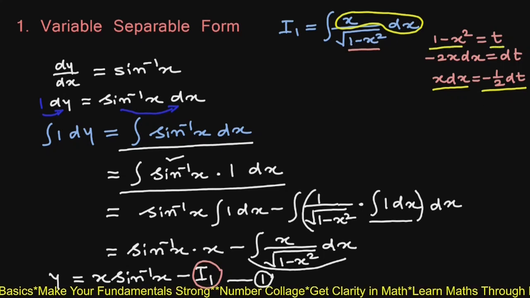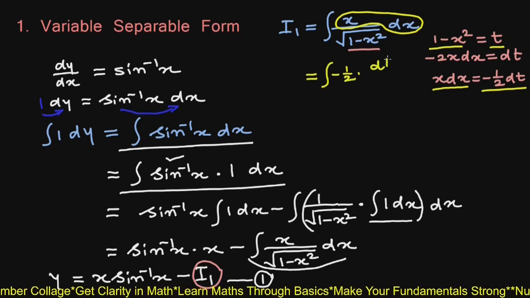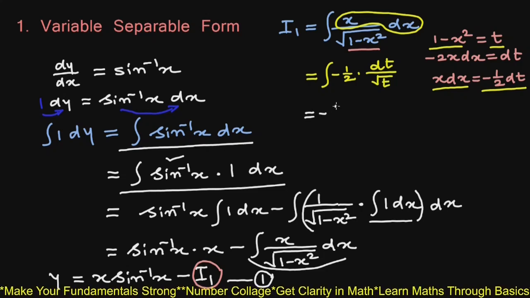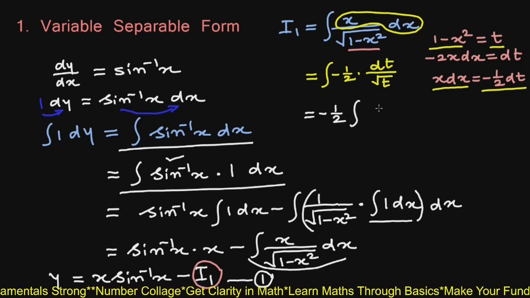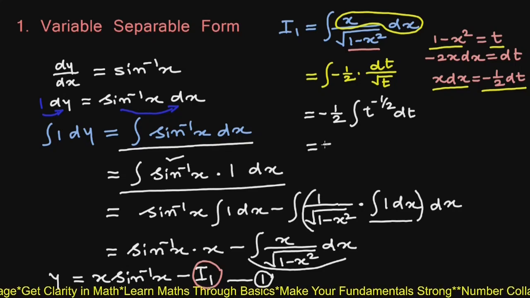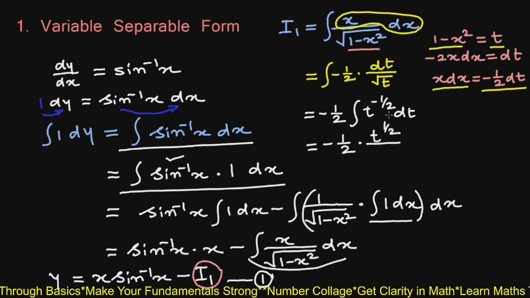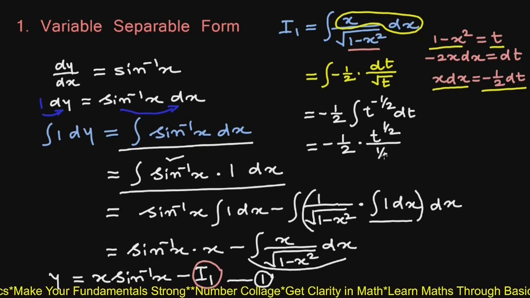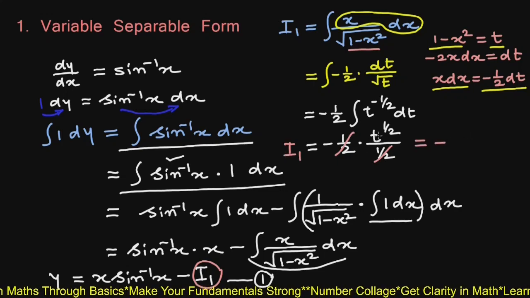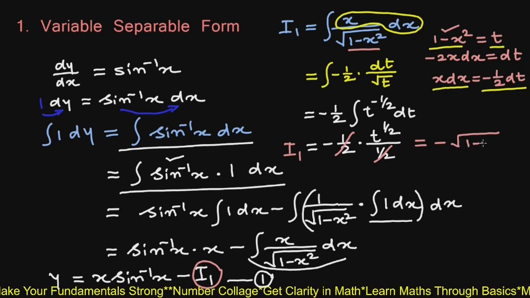So this I1 will be integral minus half into dt upon square root of t. This is minus half integral 1 upon square root of t, which is t raised to minus half dt, which is minus half t raised to minus half plus 1, t raised to half upon minus half plus 1, half. Cancelling half, I1 will be minus t raised to half, which will be square root of this 1 minus x square.